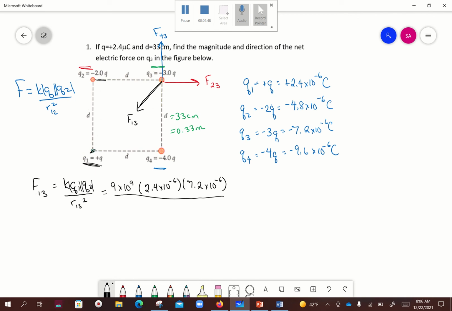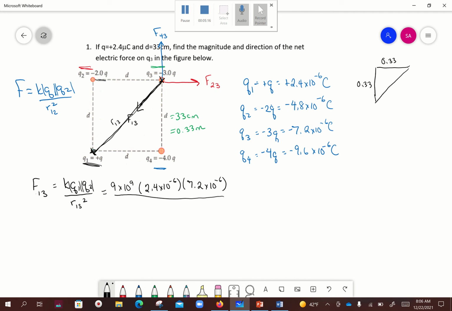Charge 1 is at the bottom and charge 3 is at the top, on opposite corners of this square, so the diagonal is the distance between those two charges. Each side is 0.33 meters.